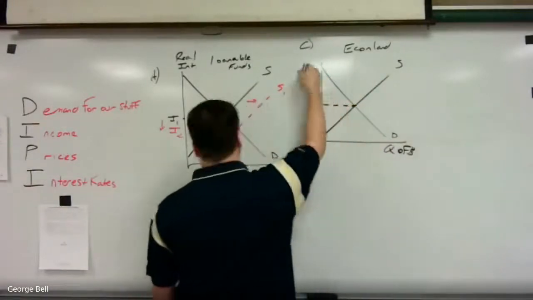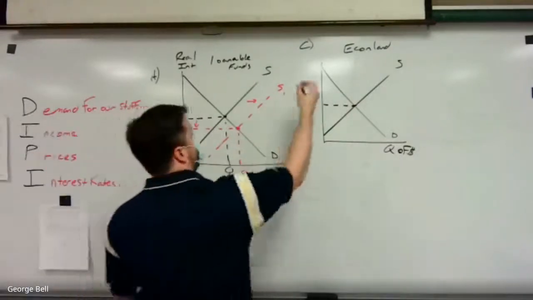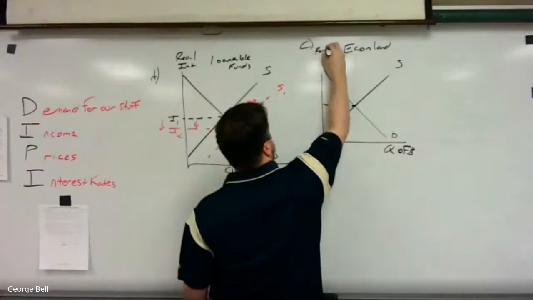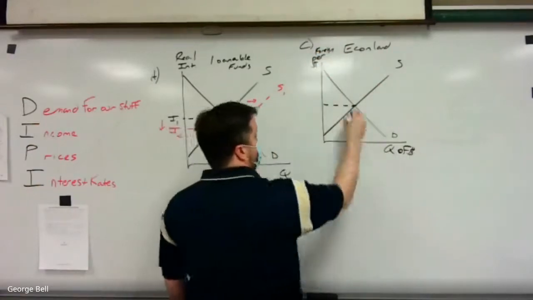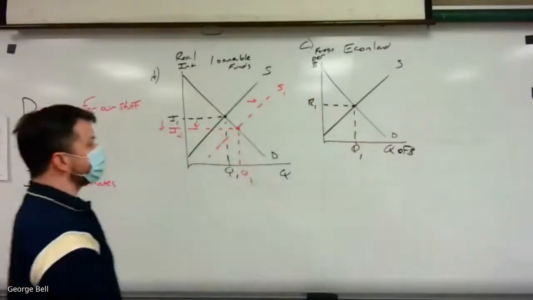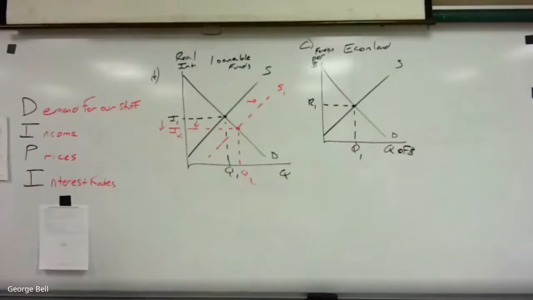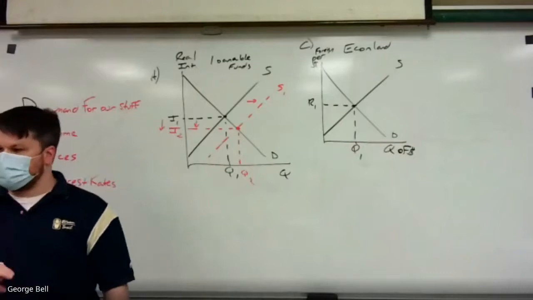And then on this one, do we have a second nation? No, but what we'll do is we'll say foreign per Econland dollar. That's the way to do this, and that's the exchange rate and then the quantity there. Based on our answer to B, what will happen to the international value of Econland's currency? Well, remember what we said in part B is that Econland wants to go overseas, right?